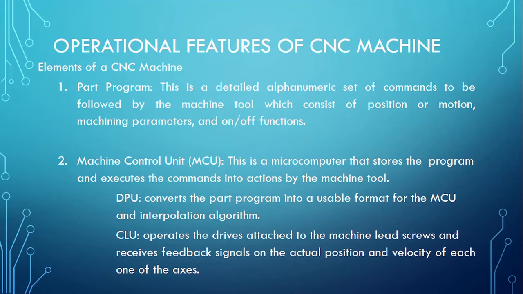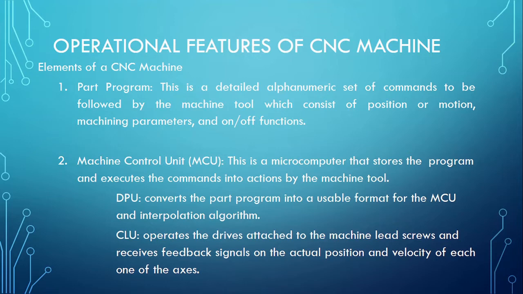So the DPU is a whole lot, because without the DPU there is no way the CLU would function. For the DPU to function properly, it consists of the control software, the calculation algorithm, because there is a lot of calculations that the machine will do based on the part program, and also translation software, so that it can convert the part program into the format that will be understood by the MCU.